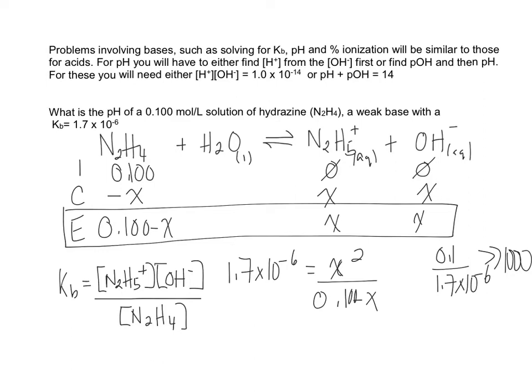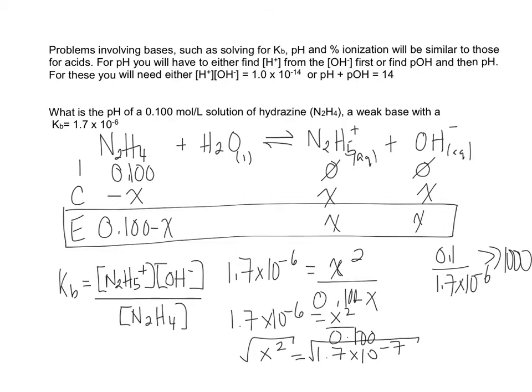So that simplifies our work. 1.7 times 10 to the negative 6 is equal to x squared over 0.1. So x squared is equal to 1.7 times 10 to the negative 7. And now find the square root of both sides, and that will give us our value for x.